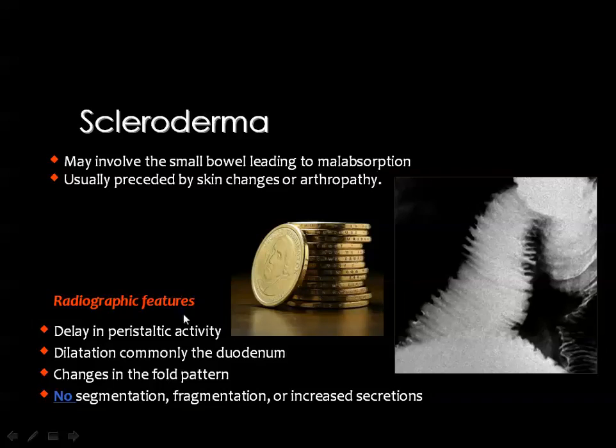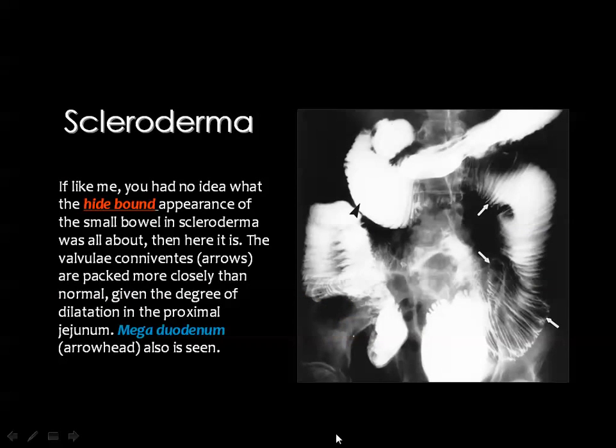These are the common radiographic features: delay in peristaltic activity, dilatation of the bowel, commonly the duodenum, and change of the fold pattern. But in this disease, there is no segmentation, fragmentation, or increased secretion.